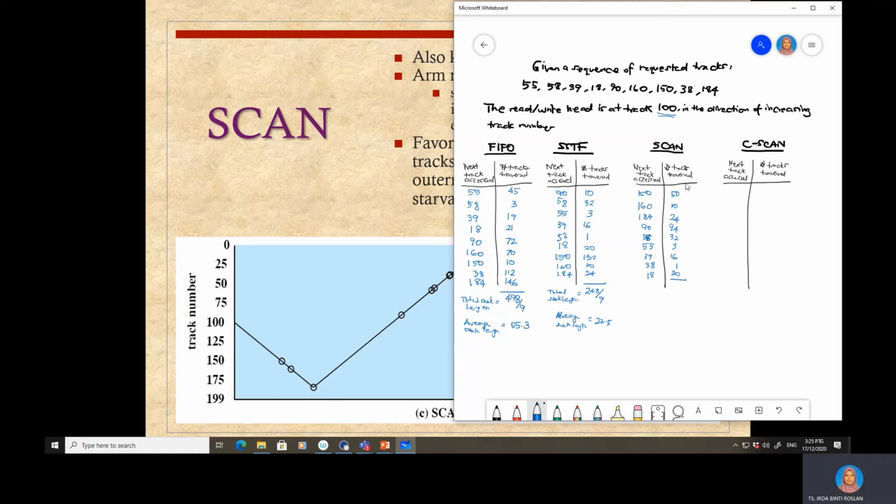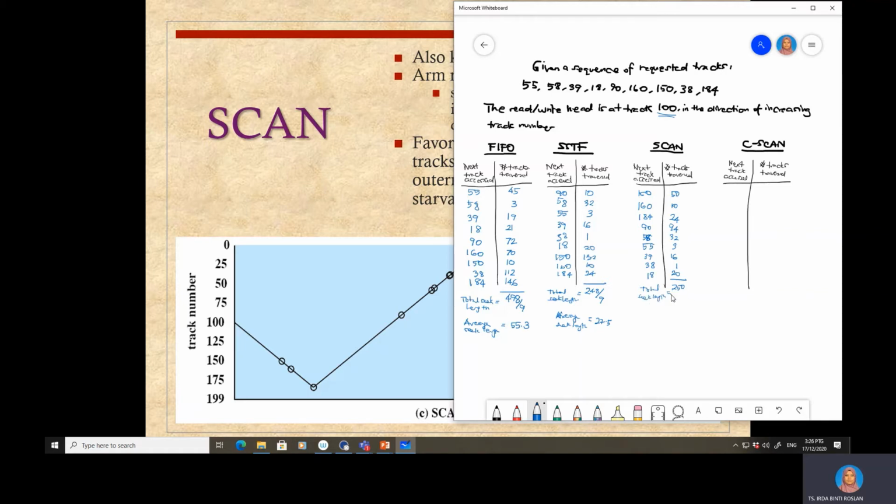Right. So again, to get the total seek time, add it all up. You will get 250. So this is the total seek length.